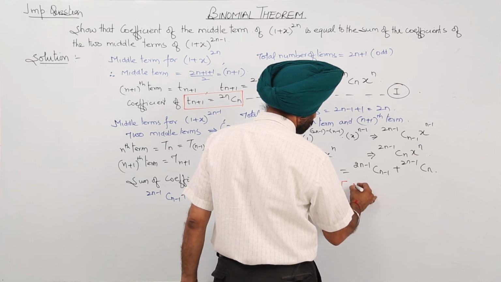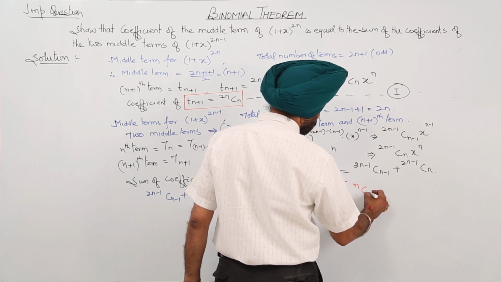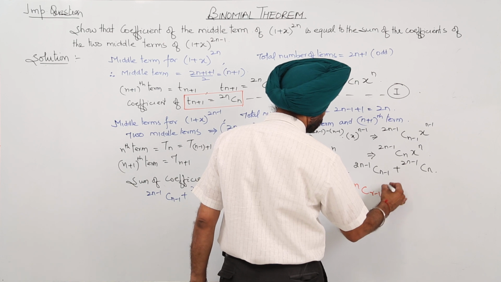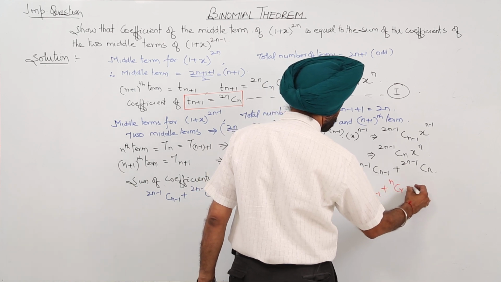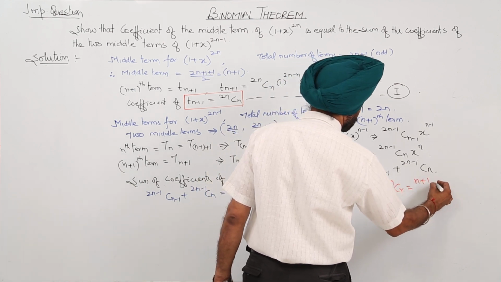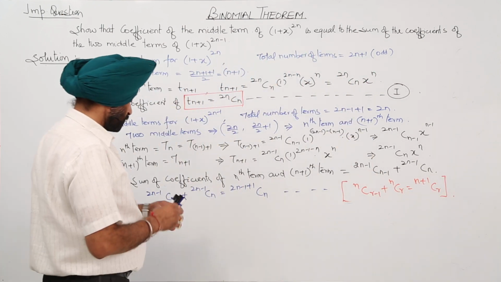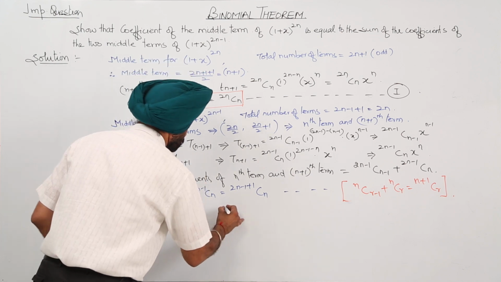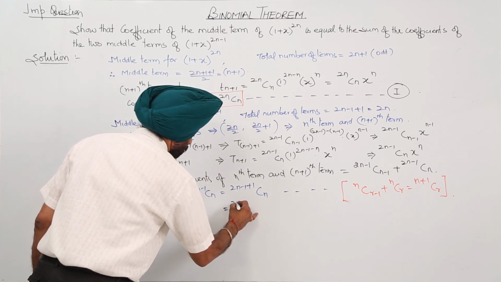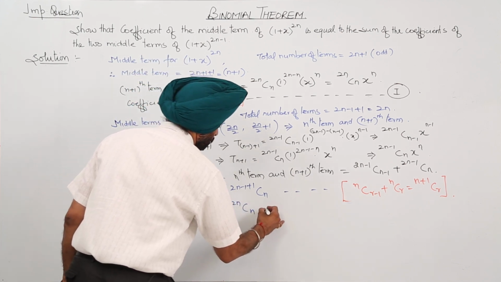We are having a theorem: if we are having nC(r-1) + nCr, then the result is always (n + 1)Cr. Okay. So this is equal to 2n C n.